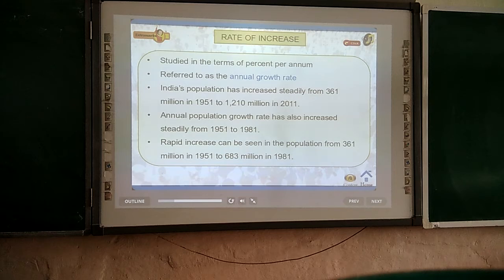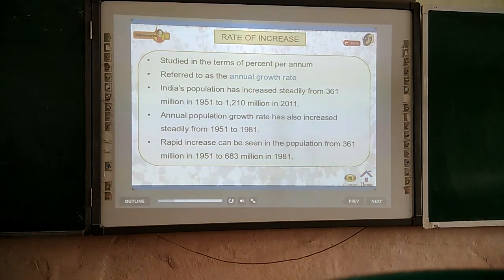Do you know what rate of increase is? Rate of increase is studied in terms of percent per annum. It is referred to as the annual growth rate. India's population has increased steadily from 361 million in 1951 to 1210 million in 2011.